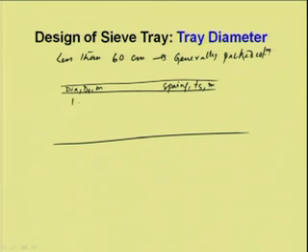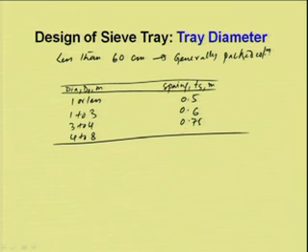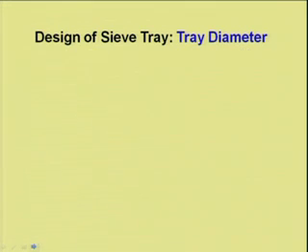If D_T is 1 or less, then T_S is 0.5. If it is 1 to 3, then it is 0.6. If it is 3 to 4, then 0.75, and 4 to 8, it is generally 0.9. So, these are the recommended values for the tray spacing and tower diameter.